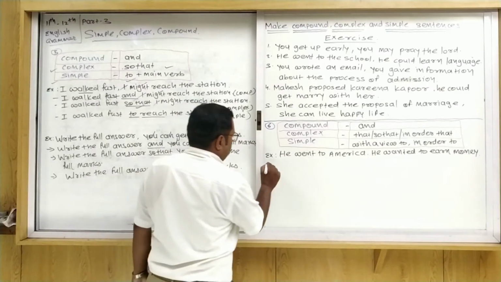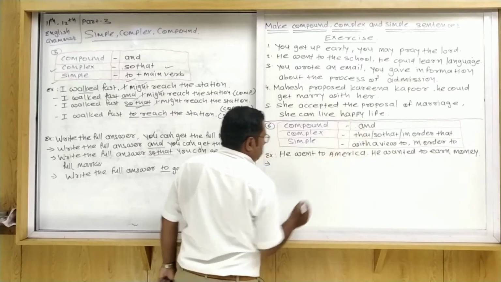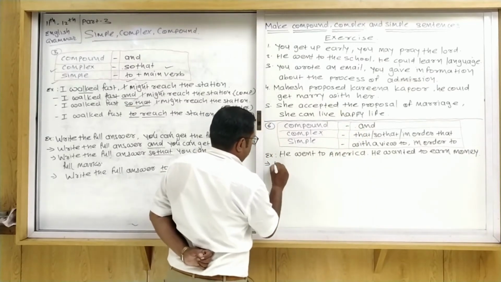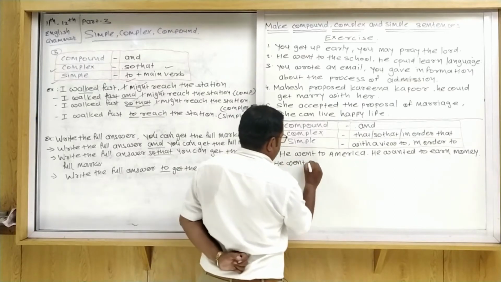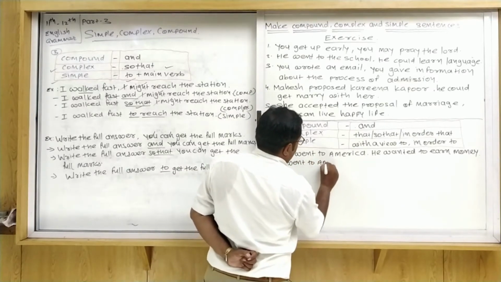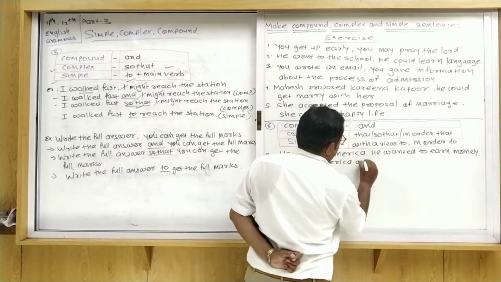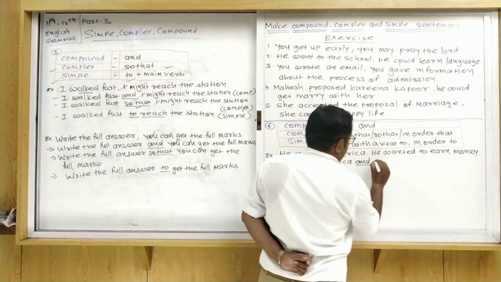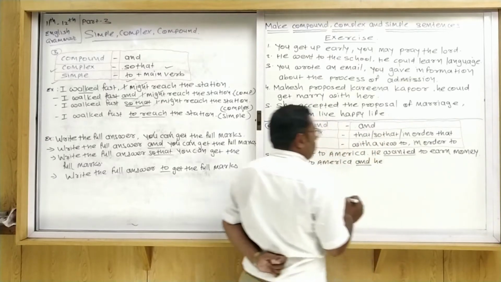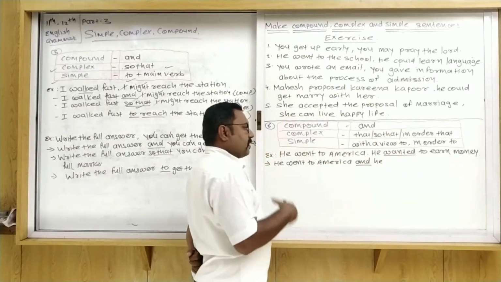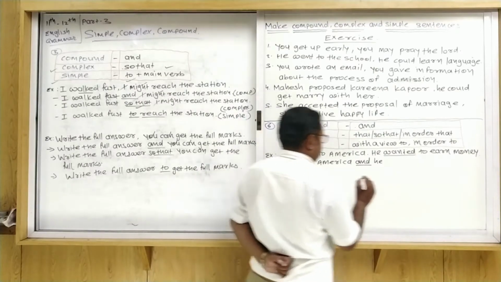Okay, so first of all we use here compound sentence. In compound sentence we use and. So he went to America and he, now here wanted is given, so we remove wanted and write this in the past tense.